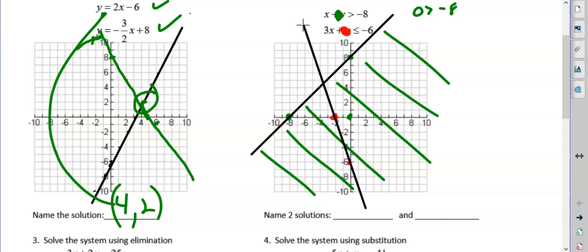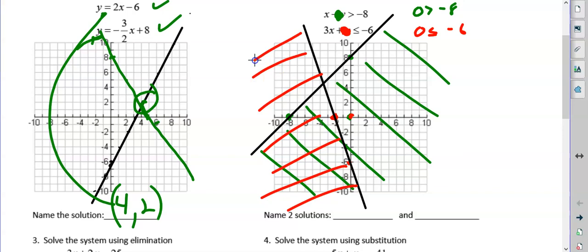Draw my line. Now I'm going to again test 0, 0, because it didn't go through. 0 is less than or equal to -6. That is a false statement. So I'm not going to shade where that red dot is. I'm going to shade on this side.